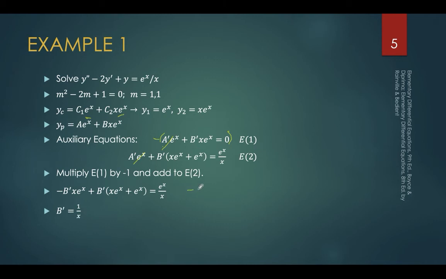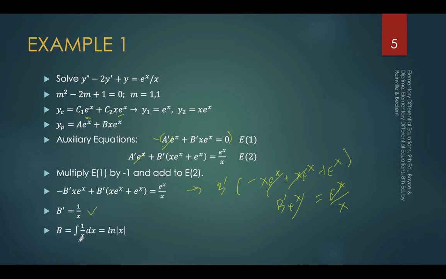You can factor out b prime here. That gives you x e to the x plus x e to the x plus e to the x. So this will cancel out, and then on the left hand side you have b prime e to the x, and on the right hand side you have e to the x over x. So the e to the x will just cancel out, giving you only b prime equals 1 over x.